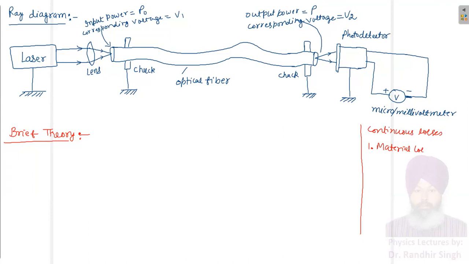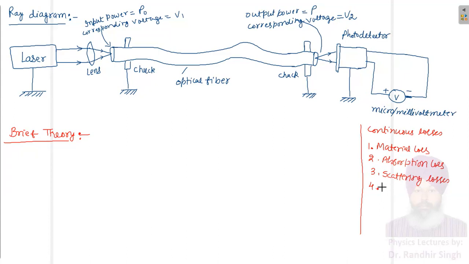Another is called absorption loss. This is also a continuous loss. Then we have scattering losses. Then there are very small bends within the fiber. These are called micro bends, and there may be bends that we put in the fiber while taking it from one place to another.